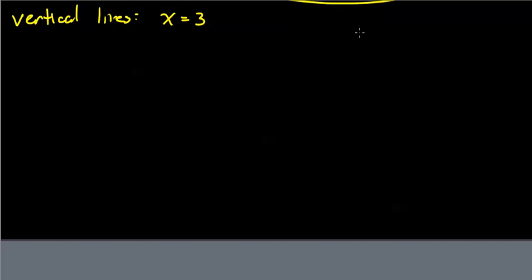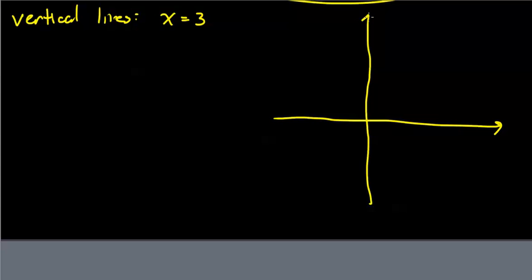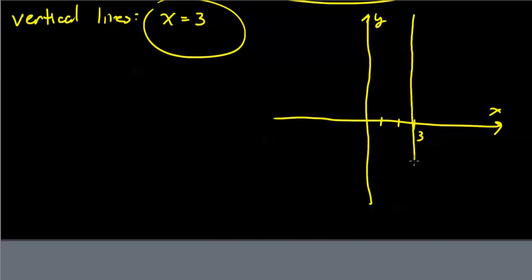If I graph this line, let me graph this quickly. x equals 1, 2, 3. Well, this is going to be a vertical line with an x-intercept of 3. y can be anything, and x is always 3, 3, 3. I'll do my best to sketch out a vertical line here.